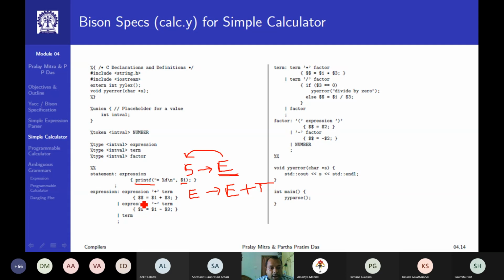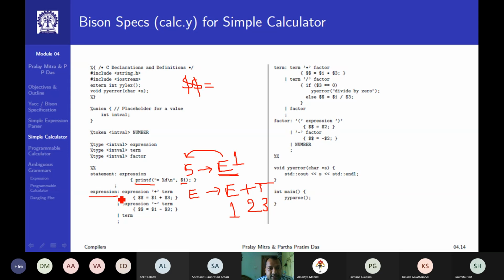If I am storing that information in the variable expression on the left hand side, then the name of the variable will be $$. And what I am doing, expression addition term. On the right hand side, the terminal and non-terminal are marked 1, 2, 3. In the earlier case, I mentioned $1 because this is only 1. That's why $1 was printed.